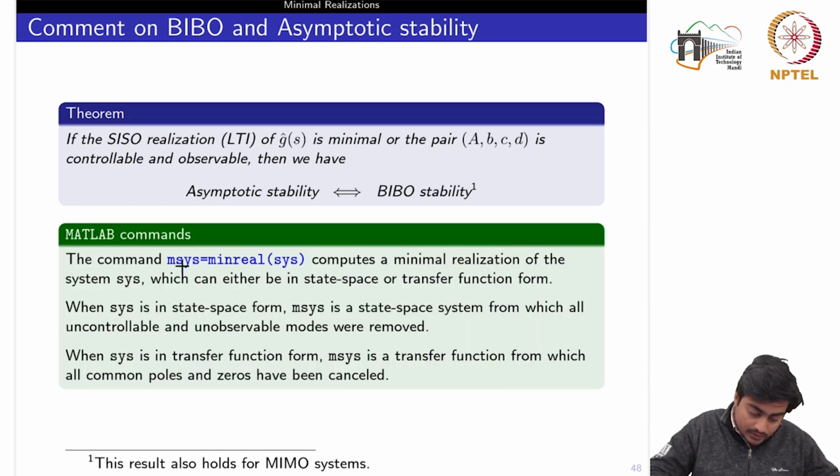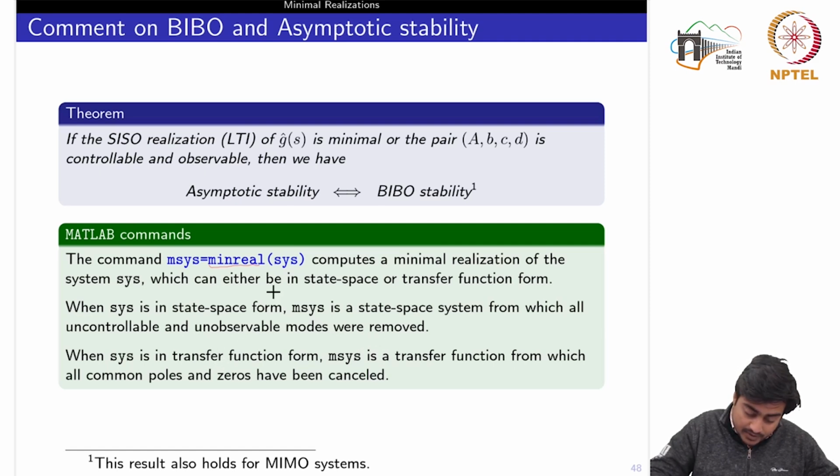You can also compute the minimal realization by the MATLAB command minreal, where this system sys is defined either in the state space form or in the transfer function form. If sys is in the state space form, then msys would contain the realization of the minimal order in which all the uncontrollable and unobservable modes are removed.